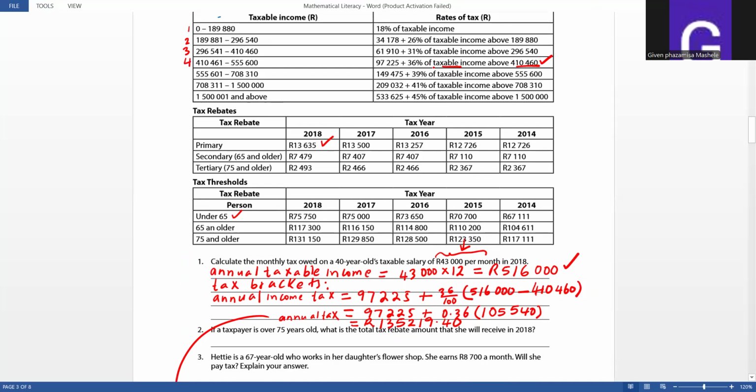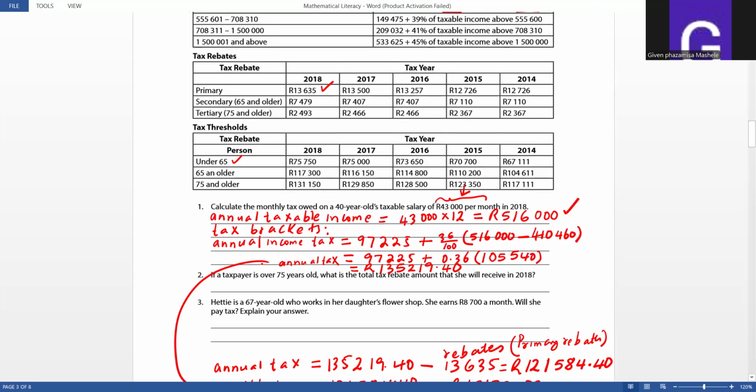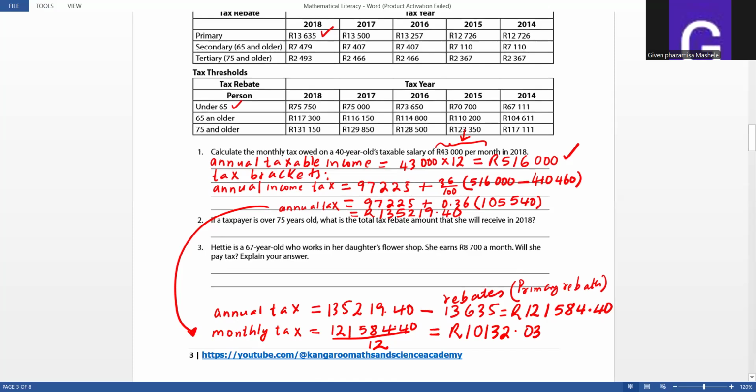So we get the difference, then we calculate the annual tax. After calculating the annual tax, we subtract the rebates based on the person's age. Then we divide by 12 to get the monthly tax, and we subtract any medical aid benefits. Then from there we'll have the monthly tax. So this is what we were calculating in number 1.